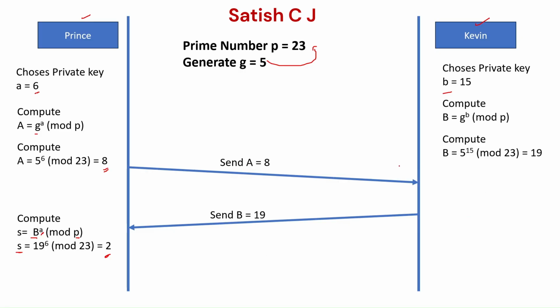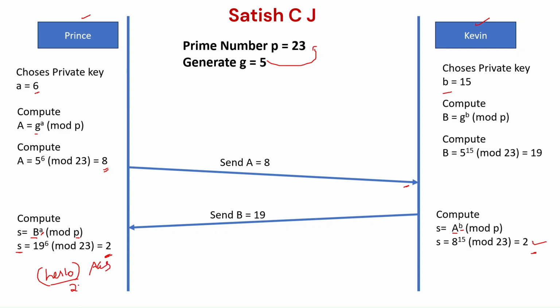Likewise, Kevin takes the value of A and performs this computation from his end. So he computes 8 power b, the secret key is 15, mod P, P is 23. So 8 power 15 mod 23 will lead to a result 2. At the end of this process, both Prince and Kevin have got the shared secret key, that is 2. From now on, if Prince is going to send the message hello to Kevin, he is going to encrypt hello using this key 2 and any encryption algorithm like AES.